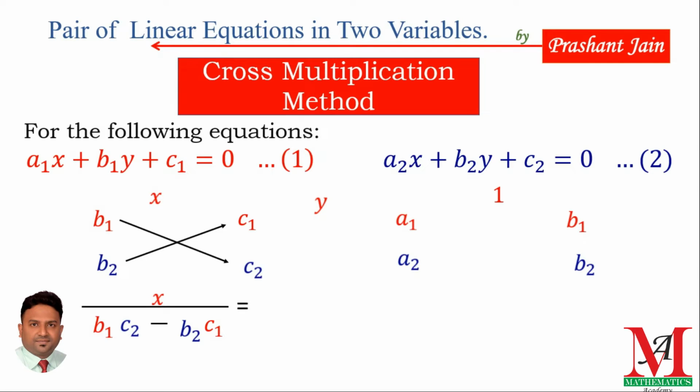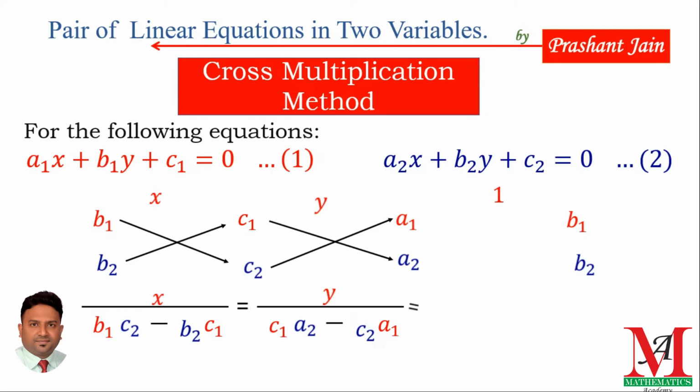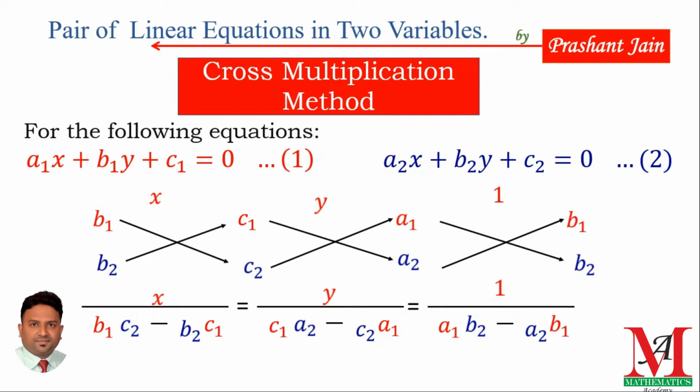For the value of y, we write y, put the divide sign, then multiply c1 with a2 and write c1 a2 minus c2 with a1 as c2 a1, equals 1 upon a1 with b2 as a1 b2 minus a2 with b1 as a2 b1. So these are the steps.